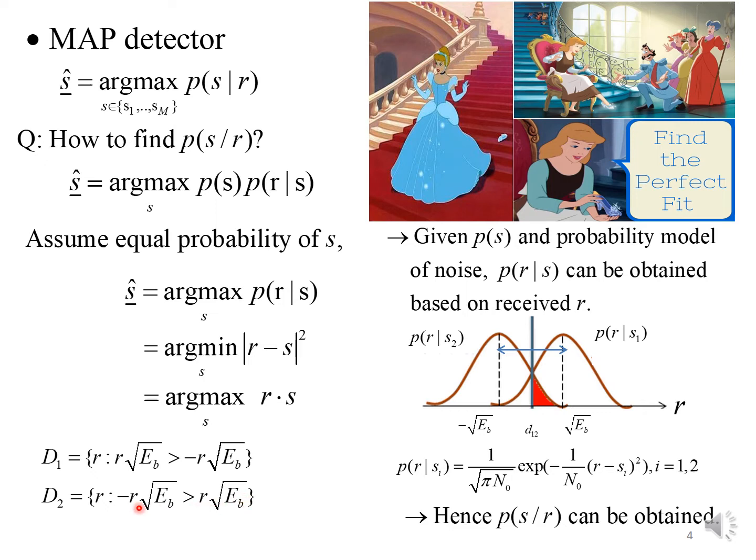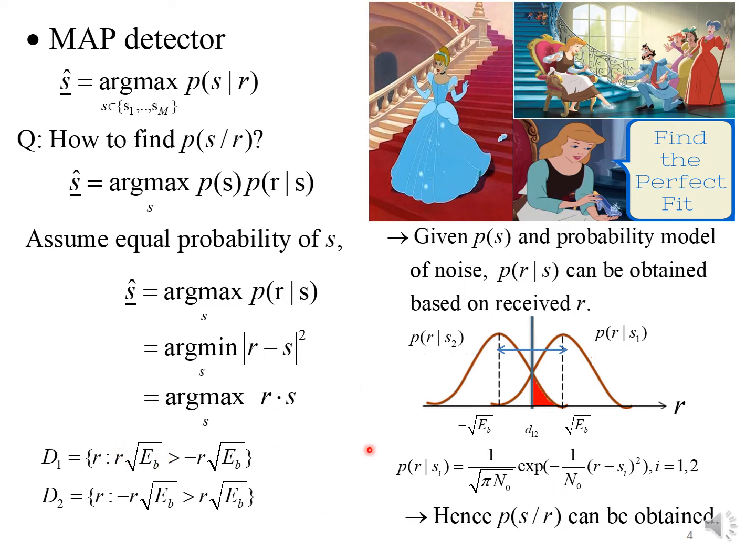Please note that if R is closer to S2, then R would be a negative value, and R has a higher correlation with S2. If R is a positive value, then R has a higher correlation with S1.